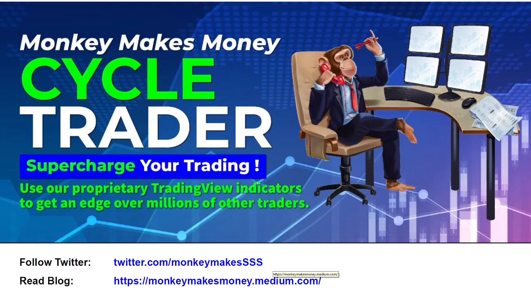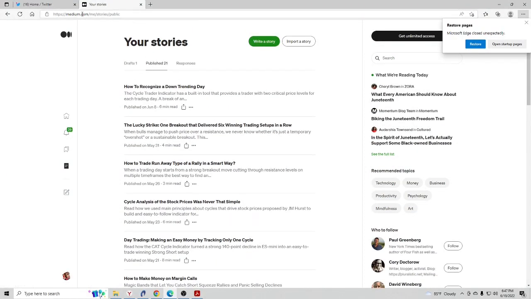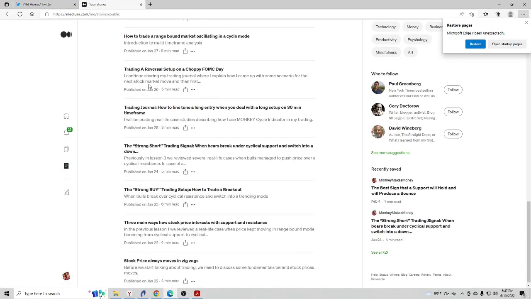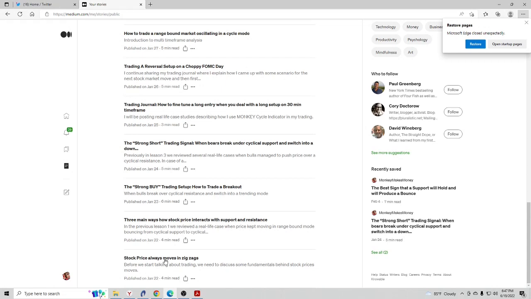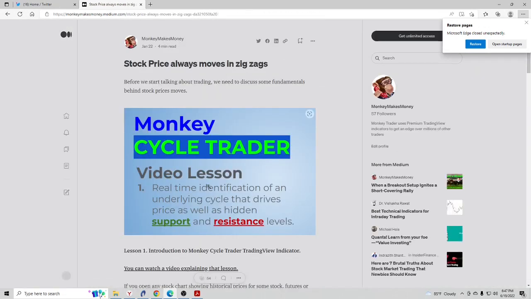Those indicators help me big time when I try to nail a reversal point either for a corrective pullback or an impulsive rally. So this is medium.com, and those are my articles about those indicators. So that is the first one.